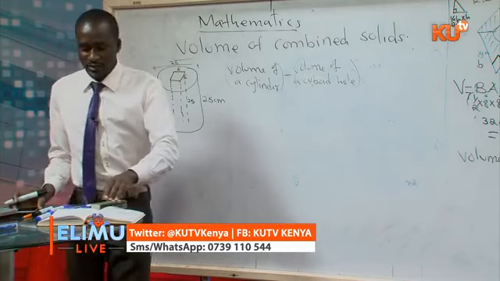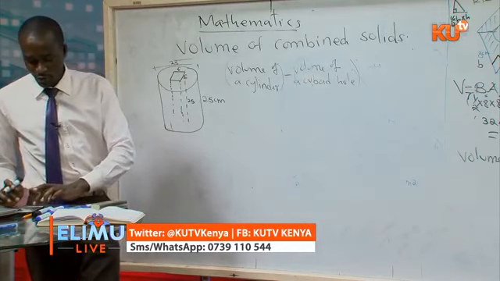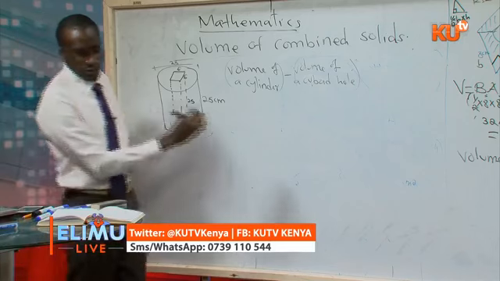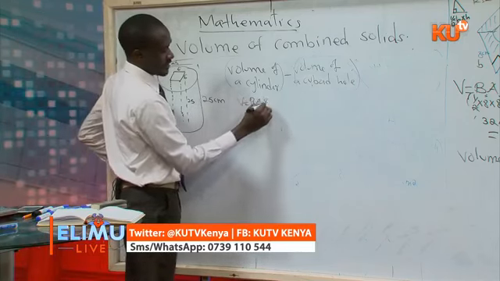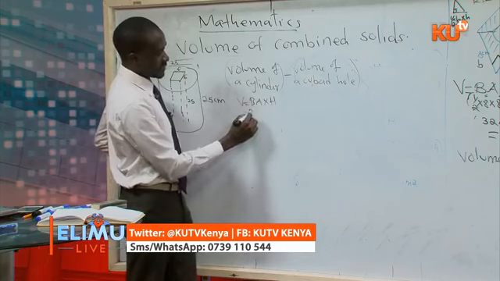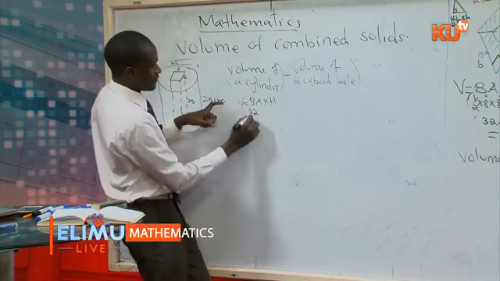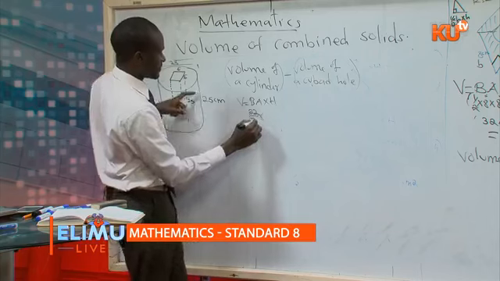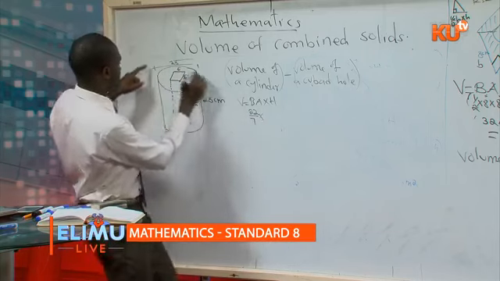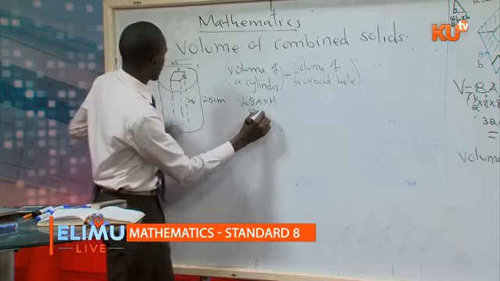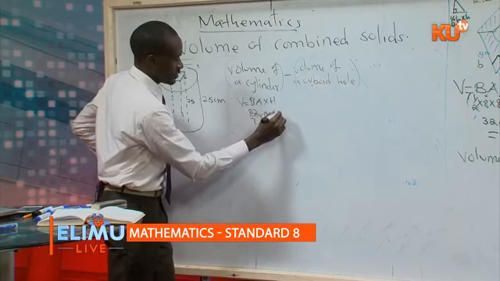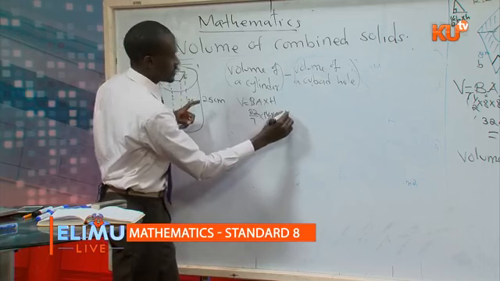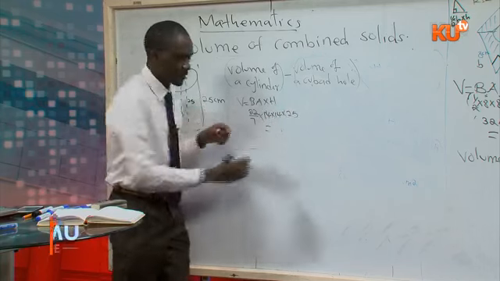Now, as a learner, what do you do? You go one by one. So we say volume of a cylinder is base area times height, whereas base area here we say 22 over 7, because it's a circle, times 14 times 14 times height, which is 25.